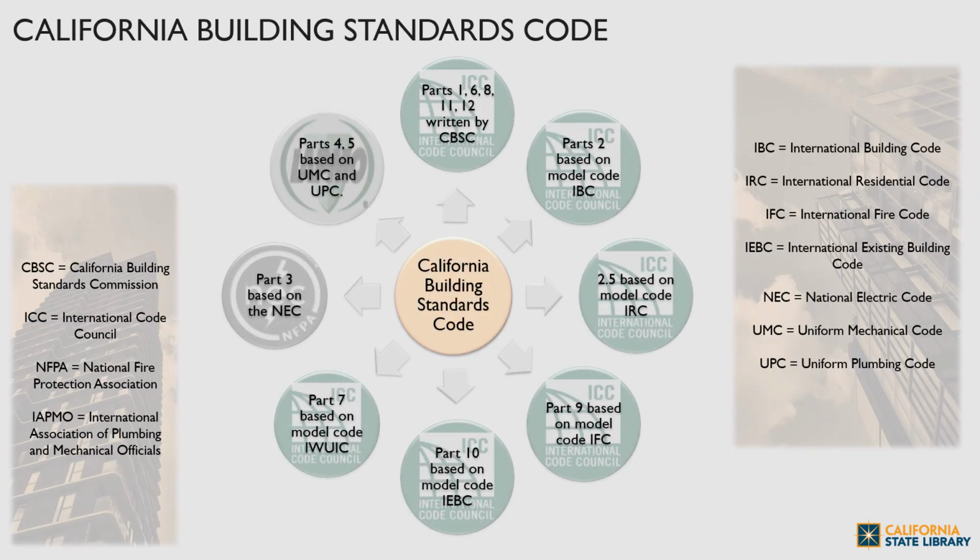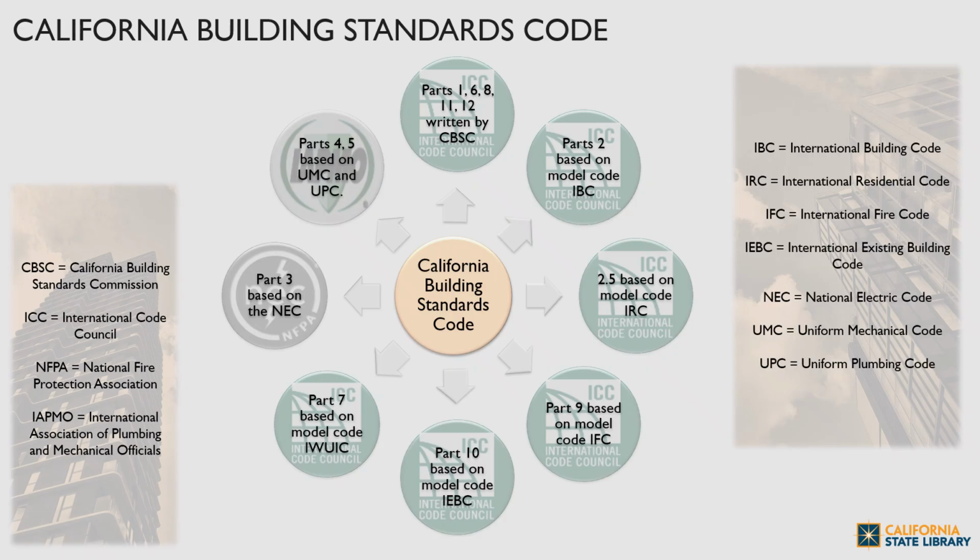But only some of California Title 24 codes intersect with the model international codes. Some exceptions are Parts 1, 6, 8, 11, and 12, and they were written by the California Building Standards Commission and other groups, but published by the International Code Council.